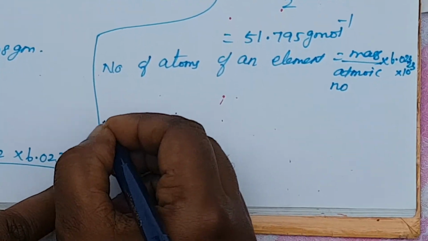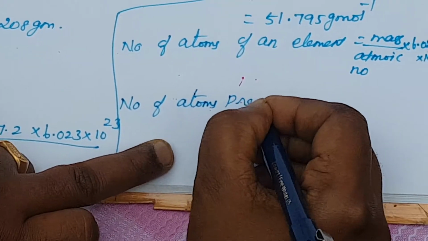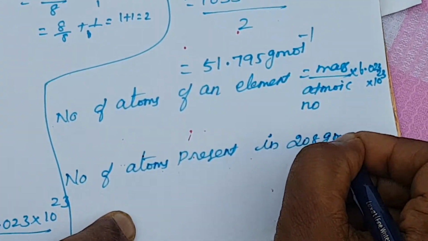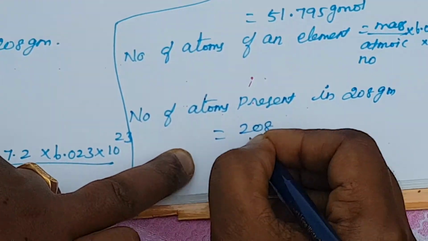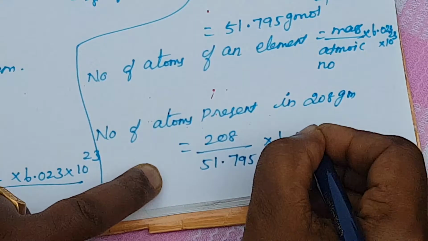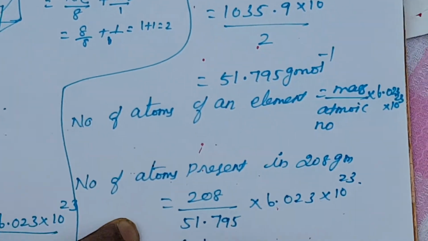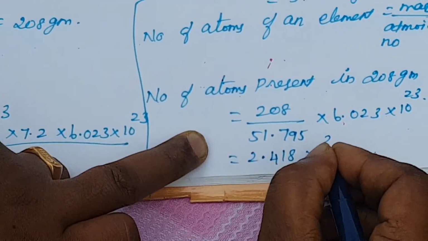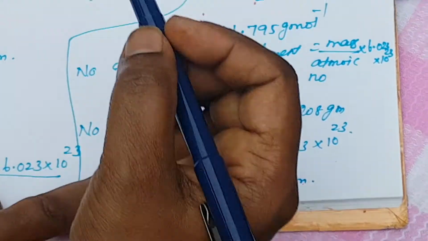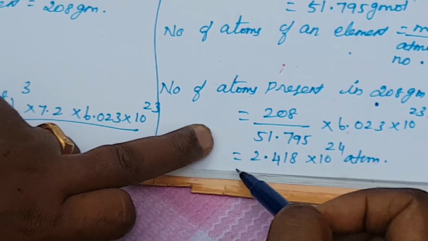The number of atoms present in 208 gram is equal to 208 divided by 51.795, into 6.023 into 10 power 23, equal to 2.418 into 10 power 24 atoms. So that is finally how many atoms are present in 208 gram of the element.